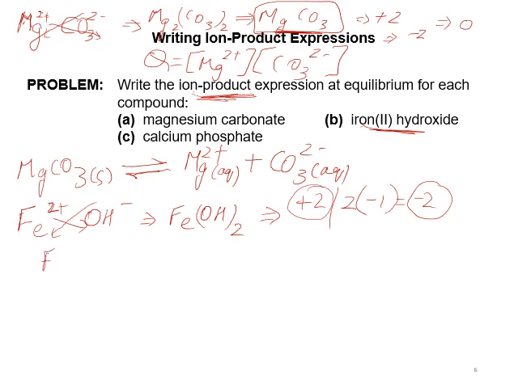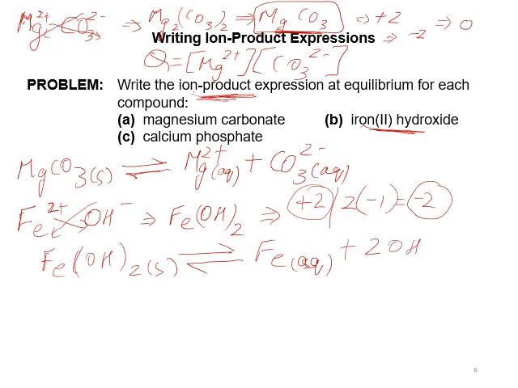So now how is this going to dissociate? If you want, you can do this in your head. If you practice it, it will be easier to do this in your head. If not, you can always write down the formula, the reaction. In this case, iron hydroxide is going to dissociate to give 1 Fe ion and 2 hydroxide ions.